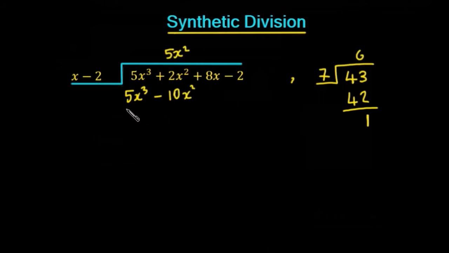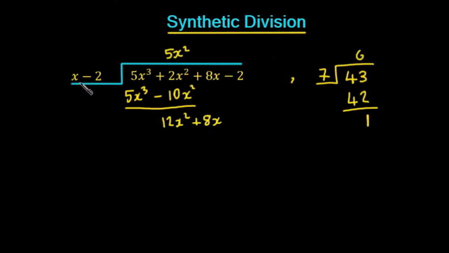Now what we can do is we can subtract those off in the same way we subtracted them off here, so that would give us zeros and this would give us a value of that minus that becomes plus, so that would be a value of 12x squared. And then we could bring down the next value here, which is our plus 8x, and we could do the division again.